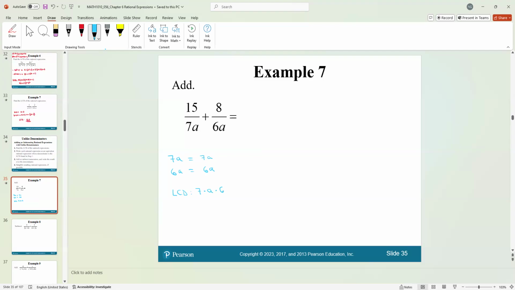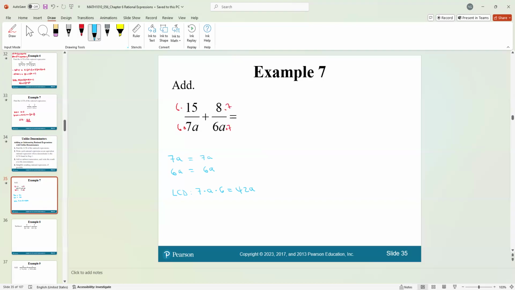I don't need to take a again because both a's are power 1. So we know the LCD must be 42a. So how can I make 7a be 42a? Yes, I need to multiply by 6. But whatever I do with the bottom, I also do with the top. To make 6a be 42a, I multiply by 7.